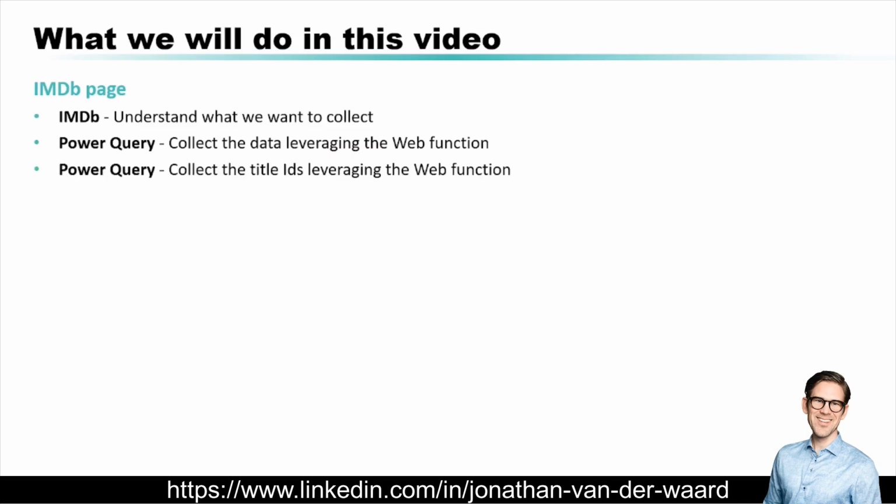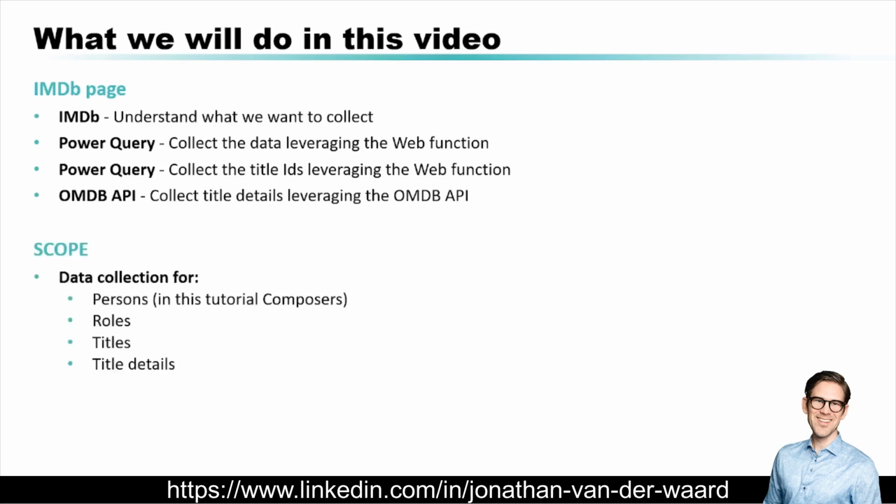Thirdly, I will go over another approach to get the title IDs that enable us to collect data about the titles later on. Again, using the web function in Power Query. And then as a last step, we will leverage an API that exists to collect details about movie titles and leverage the OMDB API.